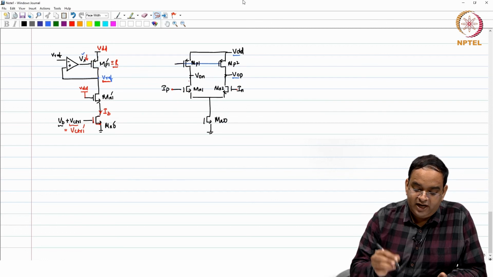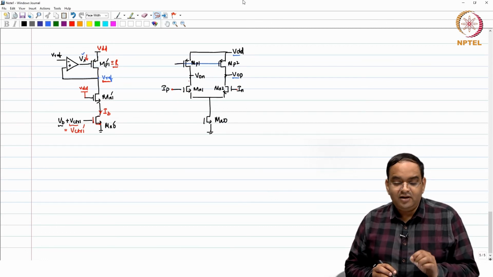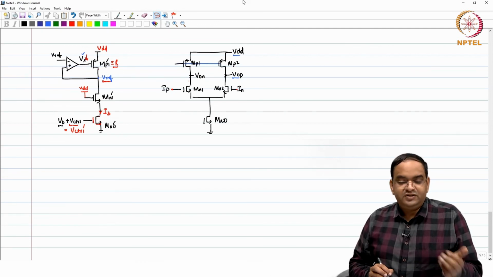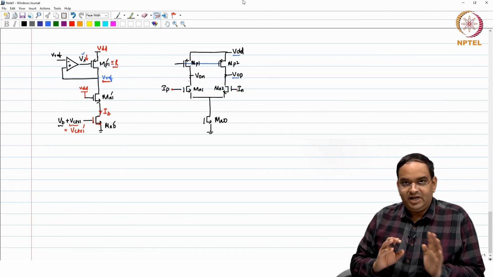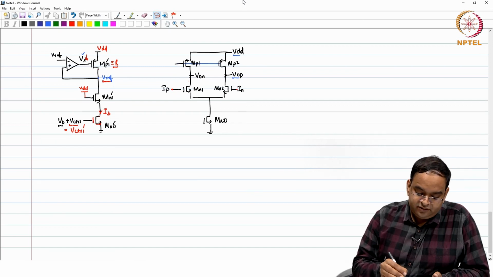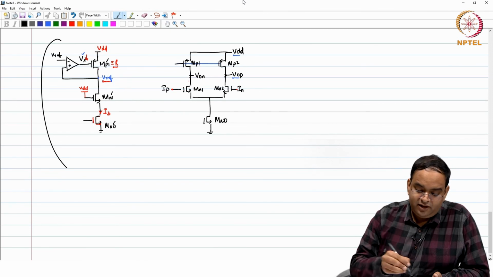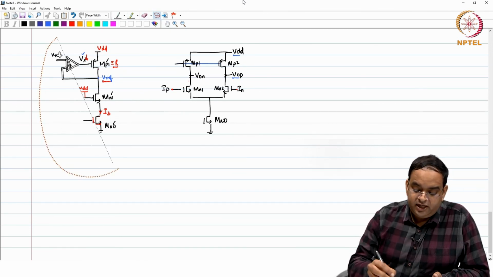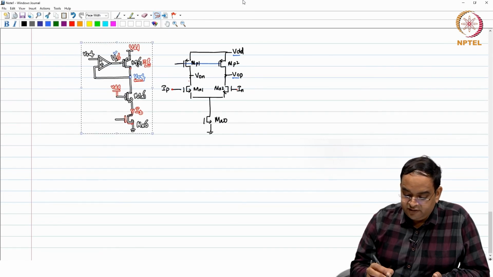You want the change in the current to be linearly related to the control voltage rather than using GM, because GM will depend on the control voltage itself. That is the nonlinearity we are talking about. So, we can linearize our current gain from V control using source degeneration.